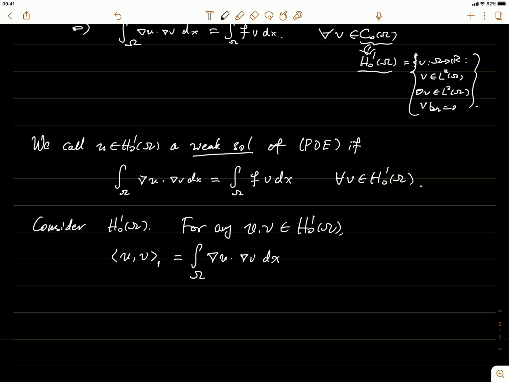Okay, so u and v are two functions in H01 space, and this inner product is defined in this way.